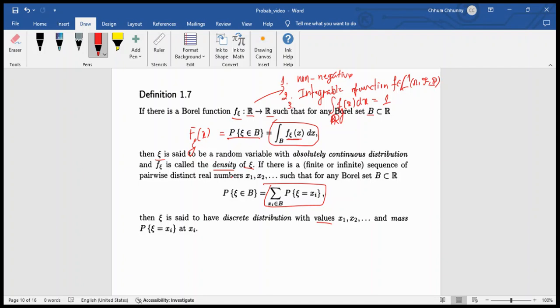Instead of using the probability density function, or PDF, in this case we use the probability mass function, which is equal to this. This is the probability mass function, not the probability density function of psi anymore. Okay, that's enough for this video. Thank you. See you in the next video.